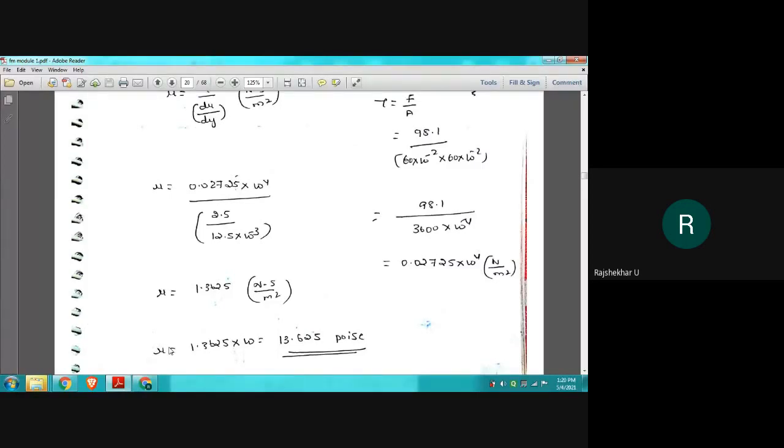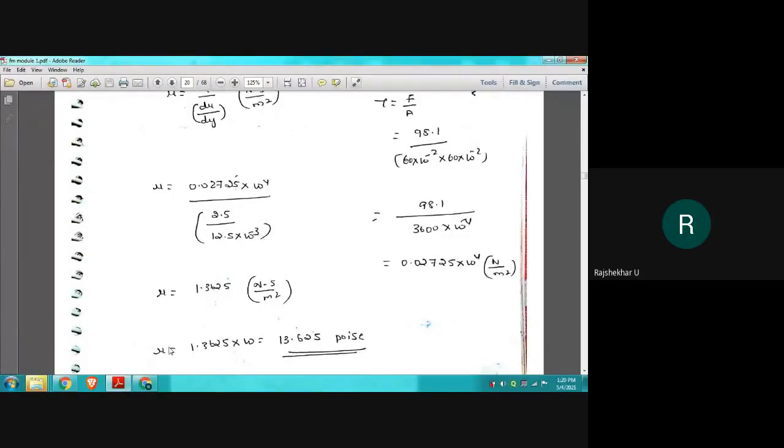Yes, please. The ratio of viscosity to density. Okay, the ratio of viscosity to density.